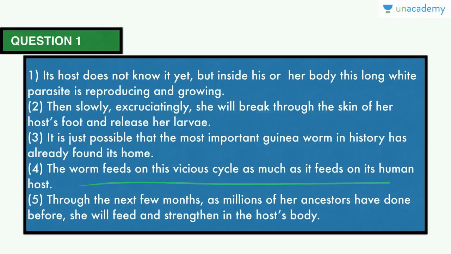The worm feeds on this vicious cycle as much as it feeds on its human host. This vicious cycle, what vicious cycle? Through the next few months, as millions of her ancestors have done before, she will feed and strengthen in the host's body. Clearly, we're gonna start off with sentence number 3 because it's the only one that introduces which worm we are talking about, the guinea worm.